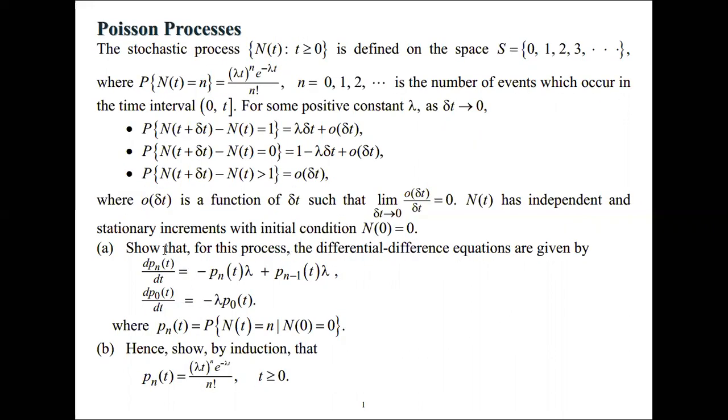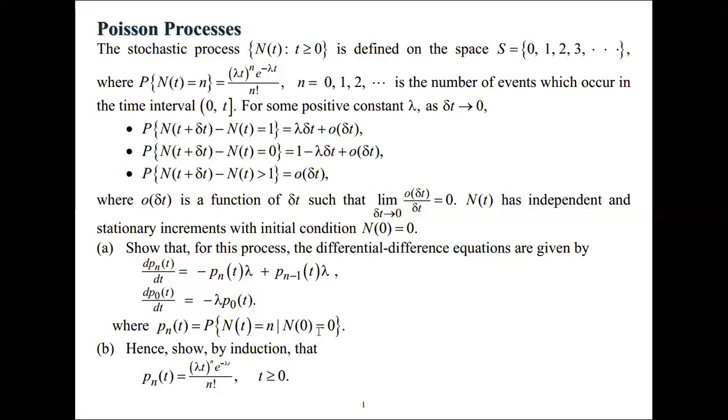So we are going to start with this. First of all, the question says show that for this process, the differential difference equations are given by these two equations, where P of n is the probability that the number of events taking place from 0 to the time t is n.